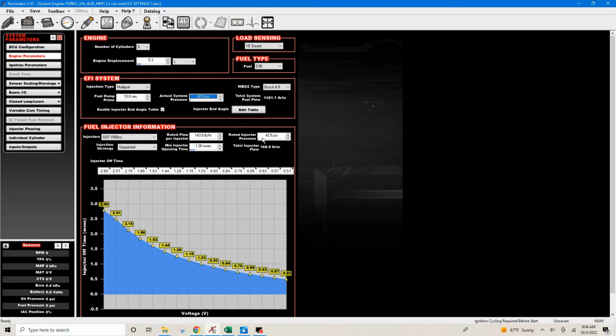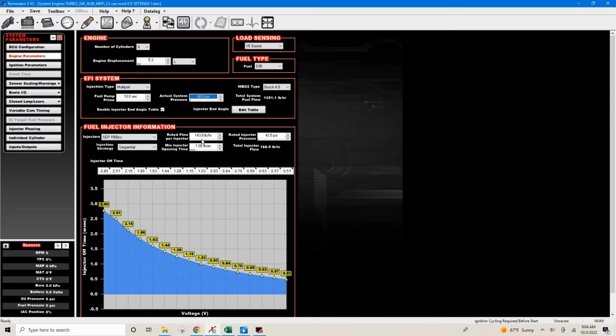These Snake Eaters have been tested at 3 bar, as most injectors are, so we're going to leave the rated injector pressure at the default of 300 kPa.